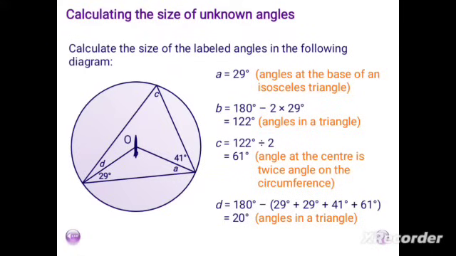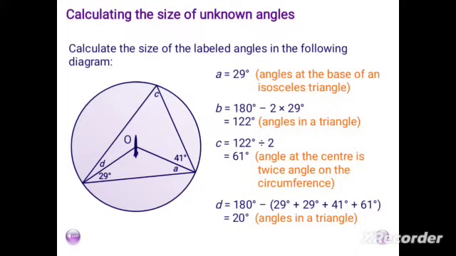D, we will consider the bigger triangle. We'll consider the bigger triangle with angle C. With the other side we have D and 29 degrees, and the one on the right hand side we have 41 degrees and A. So if we add all those angles together, we'll get 180 degrees.